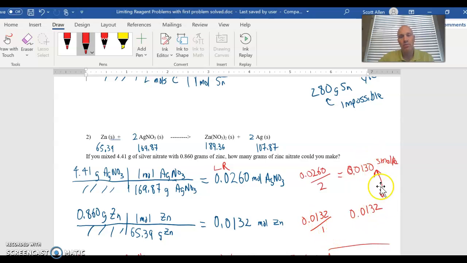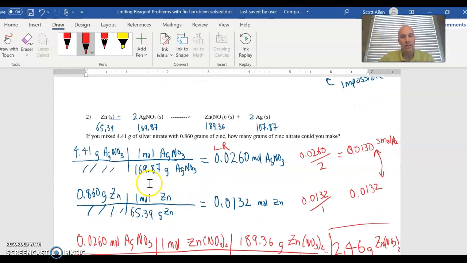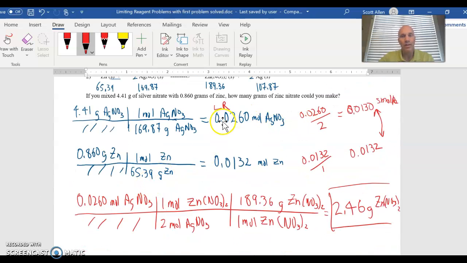And then we compare those two numbers. These are very close, but this number right here is still slightly smaller. So we are going to take that number of moles, which is the limiting reagent, and calculate a theoretical yield, which would be this number right here.